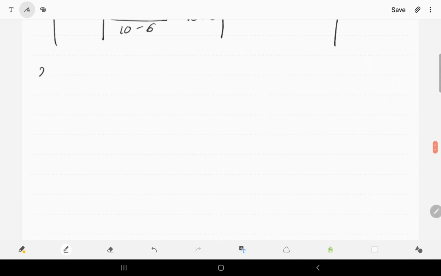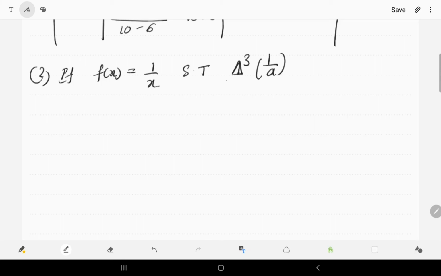If f of x is equal to 1 by x, show that the third divided difference of 1 by x over a, b, c, d is equal to minus 1 by abcd. See, here given f of x is equal to 1 by x.